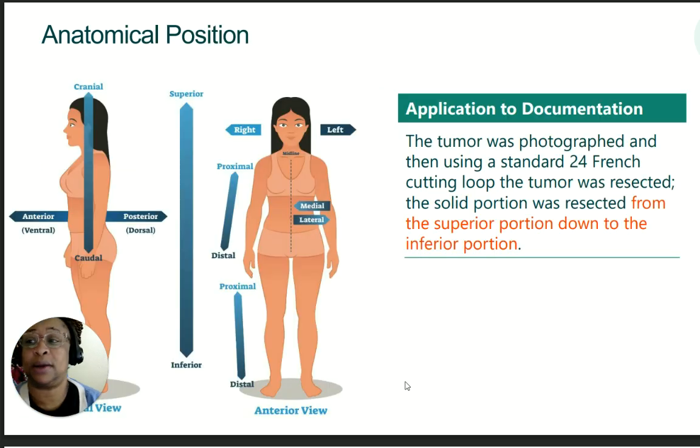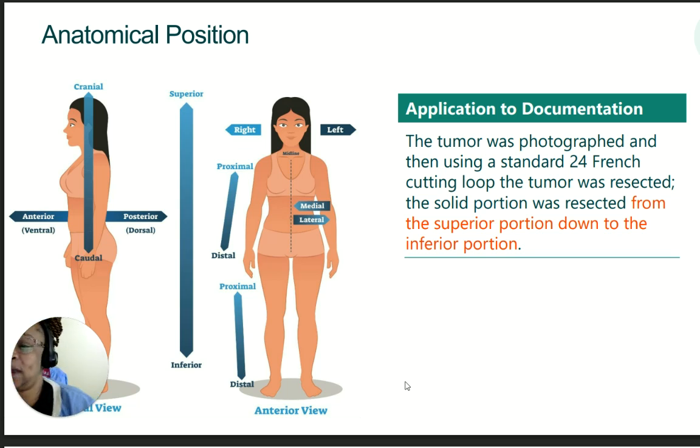Now, let's talk about anatomical positions. When looking up different things in your CPT book, there are different positions that you need to understand that will be listed in maybe your descriptions of your documentation, or it could also be a part of the diagnosis.